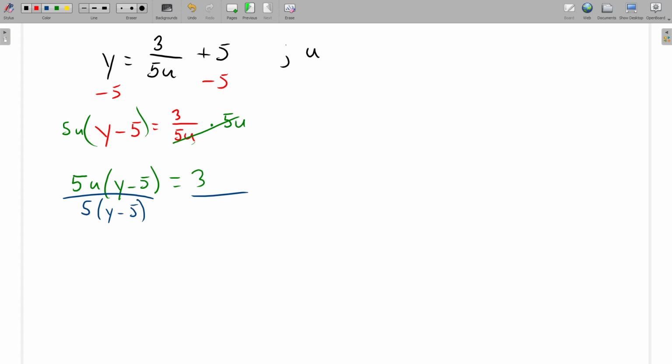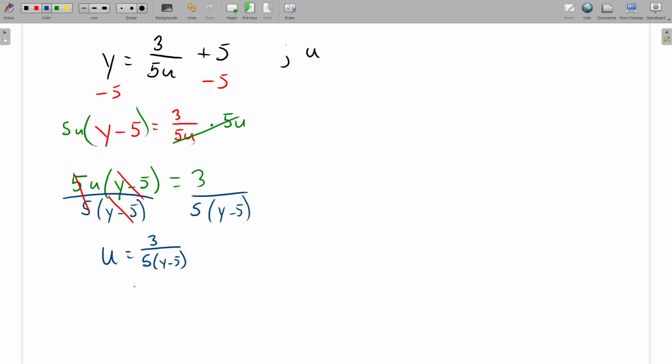It will cancel out the 5, and it will cancel out the y minus 5, and put it on the other side. This leaves us with just the u on the left and 3 over 5 times y minus 5 on the right.